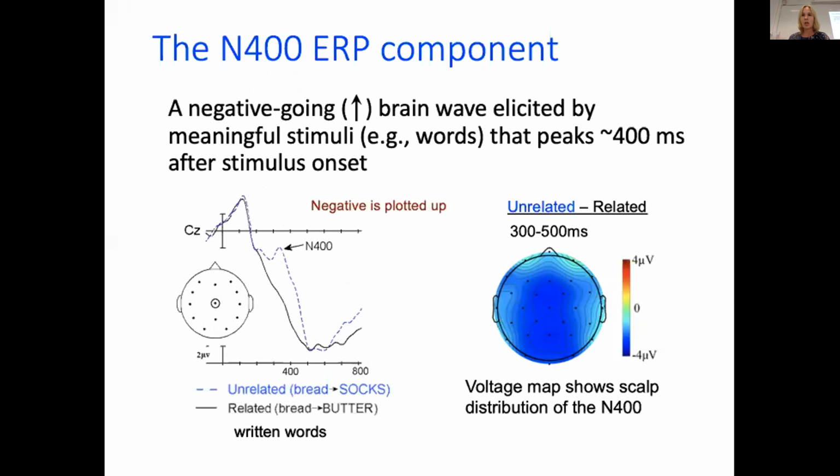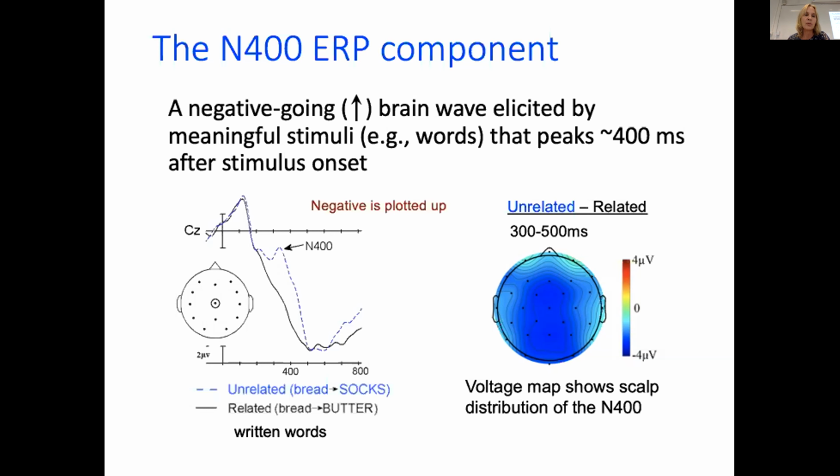So there's been many talks at this conference about the N400 component, but just in case you're just tuning in now, this is a component I'm going to be focusing on. It's a negative going brainwave that's elicited by meaningful stimuli like words or signs, and it peaks about 400 milliseconds after stimulus onset. The example here is a classic one with semantically related versus unrelated prime words.